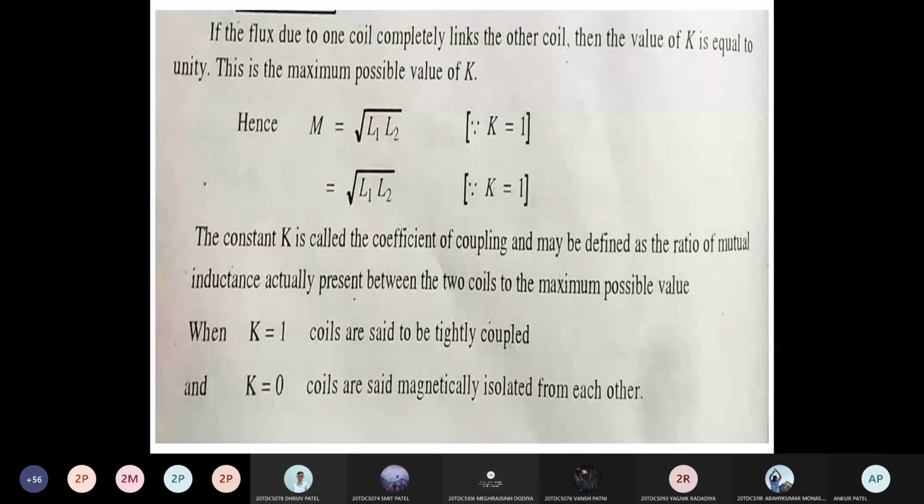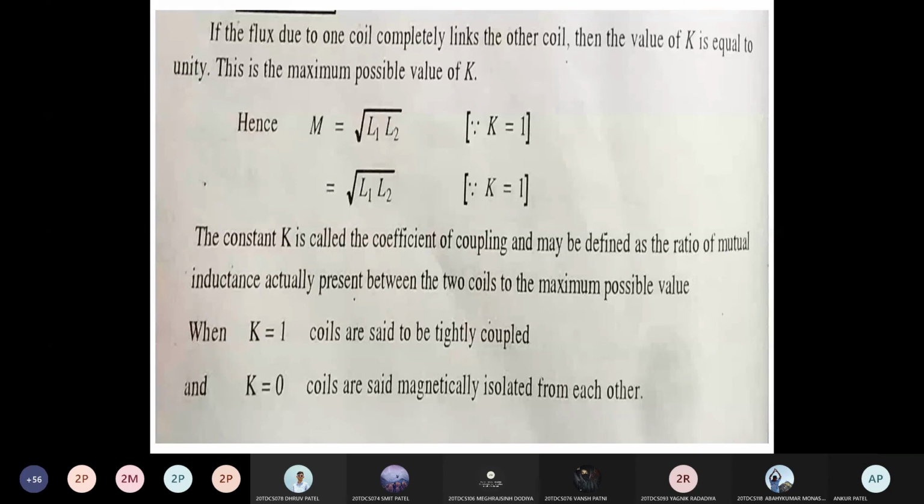When k is equal to 1, the constant k is called the coefficient of coupling and may be defined as the ratio of mutual inductance actually present between the two coils to the maximum possible value. When k is equal to 1, coils are said to be tightly coupled, and when k is equal to 0, coils are said to be magnetically isolated from each other.